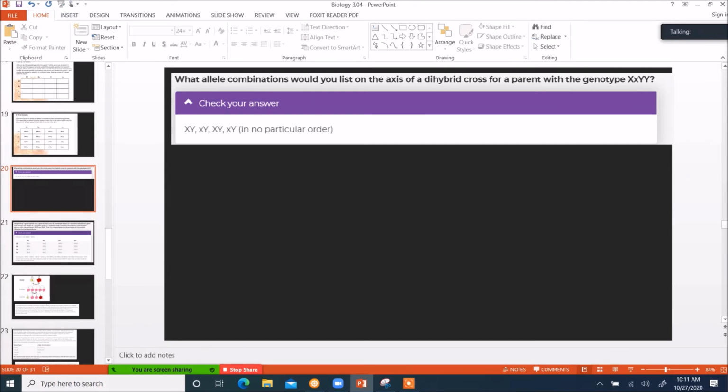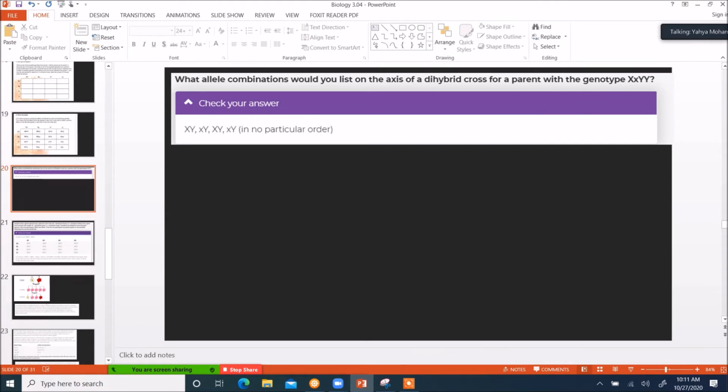Because at each location, there's two chromosomes. That's why we have two of the same letter, two X's, two Y's. They could be capital, lowercase, whatever. But there's two of each version, two of the X versions, two of the Y versions. Where did those come from? Why do we have two of those? One from the mother, one from the father.